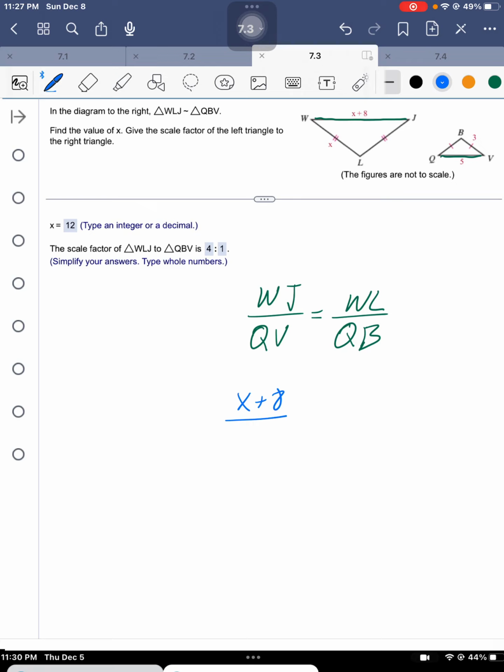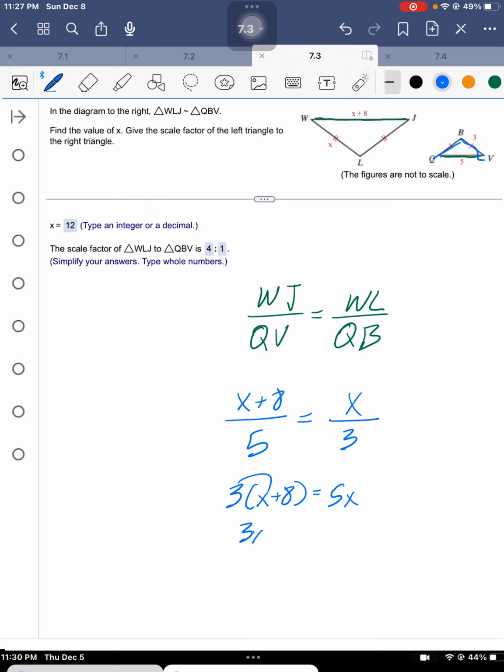Now let's plug in what I know about these values. What is WJ? WJ is x plus 8 over what is QV? 5. That's equal to, what is WL? WL is x. What's QB? I know that if BV is 3, QB also has to be 3. So let's cross multiply.